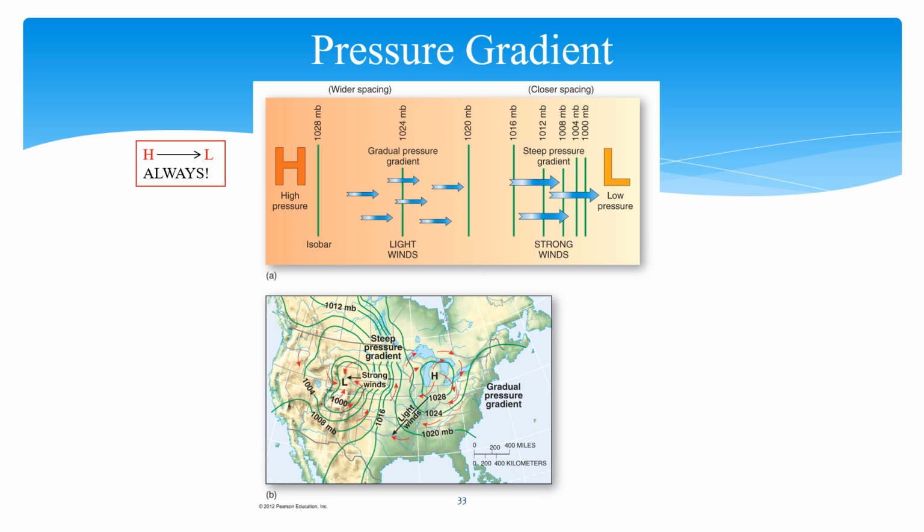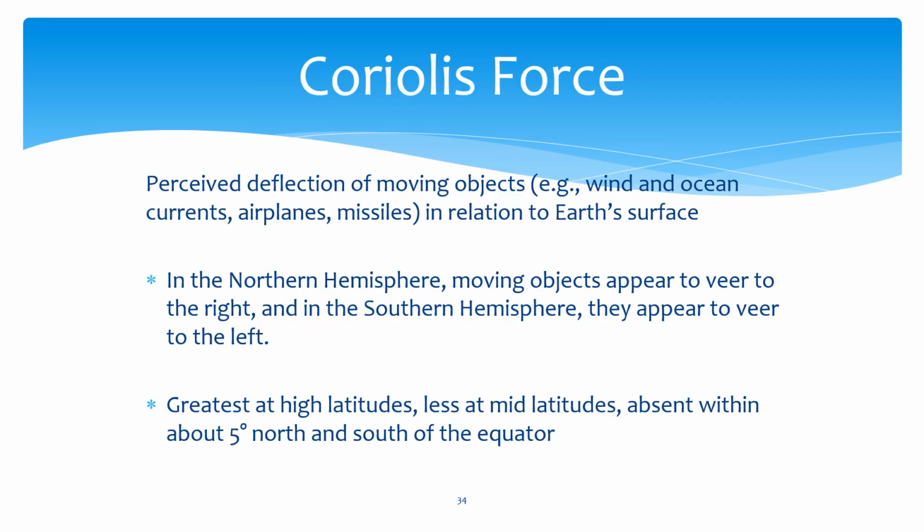What's going on? Well, two things actually. For one thing, the air around those high and low pressure systems is spiraling. For the next reason, that arrow and the air coming out of the high pressure system is not blowing directly to the low. It's because of something called Coriolis.